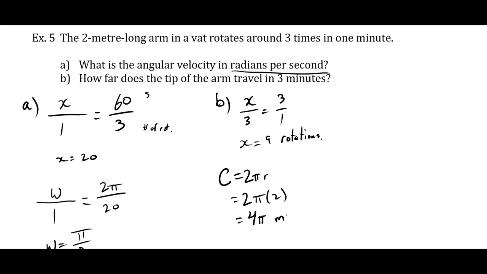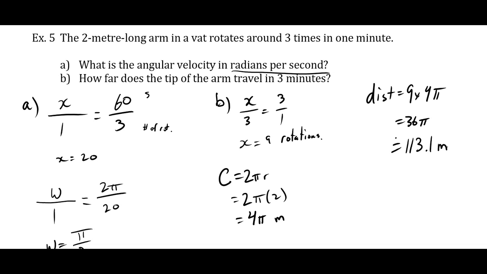And so if one rotation is 4 pi, but it goes 9 rotations, then my distance is equal to 9 times 4 pi, which is 36 pi. And if I was asked for this in some kind of meaningful measurement, it's 313.1 meters, how far it would travel in 3 minutes.